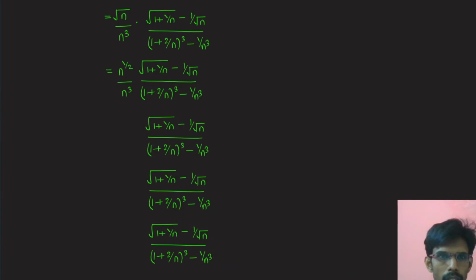Now this term will become 1 upon, now here take this n power of 1 by 2 divided by n power of 3. See here, we have a power of m upon a power of n, which will become 1 by a power of n minus m.